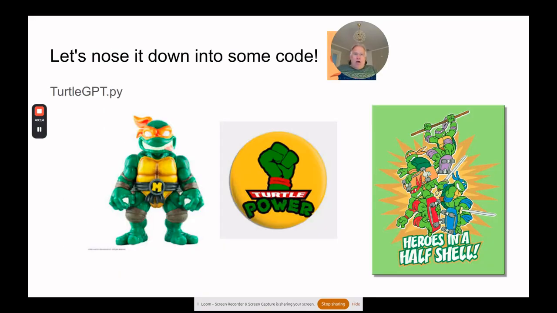Okay, now that we've covered that, we're going to nose down into some code that actually shows this. We're going to go into this TurtleGPT and see in a wide sense how this is being achieved. Okay, so let's do that.